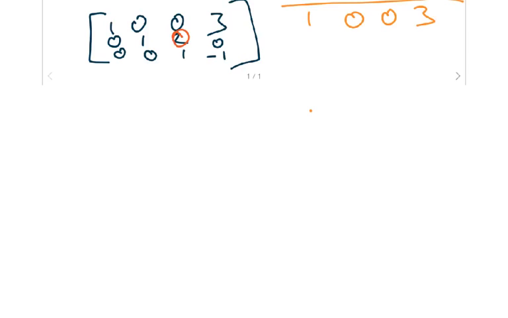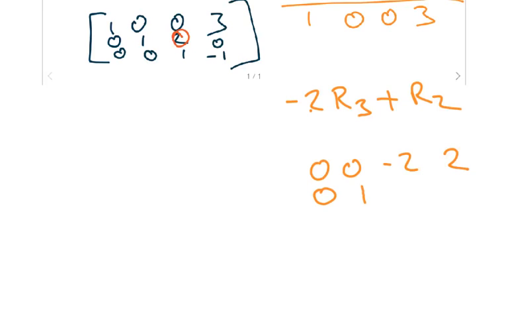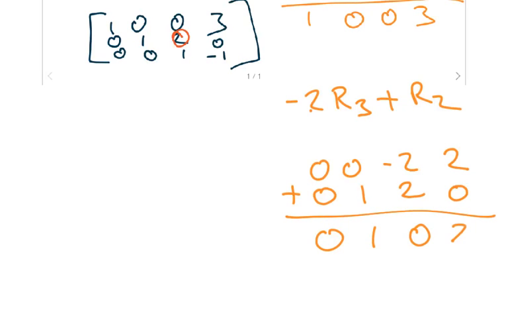We're going to take negative 2 times row 3 and add that to row 2. Negative 2 times row 3 is 0, 0, negative 2, 2, and row 2 is 0, 1, 2, 0, and when I add these together I'll get 0, 1, 0, 2.